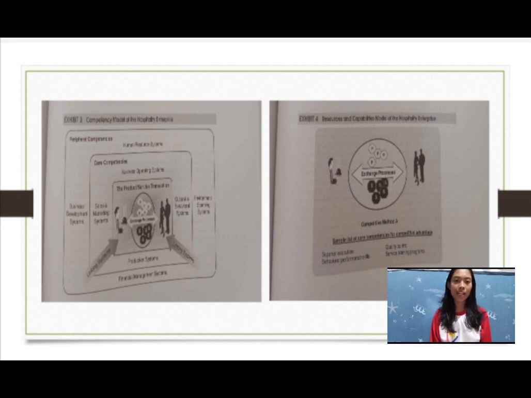Second is applying the model to hospitality enterprises. The RBV framework highlights the importance of understanding and leveraging hospitality enterprises' specific resources and capabilities.